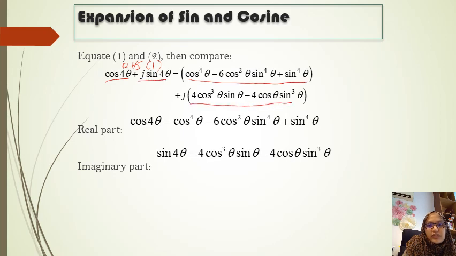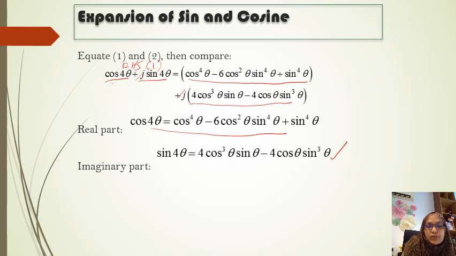Since sine 4 theta is equal to this, we can cancel the j. So sine 4 theta is this one. This is the answer actually. We only want sine 4 theta as asked by the question.